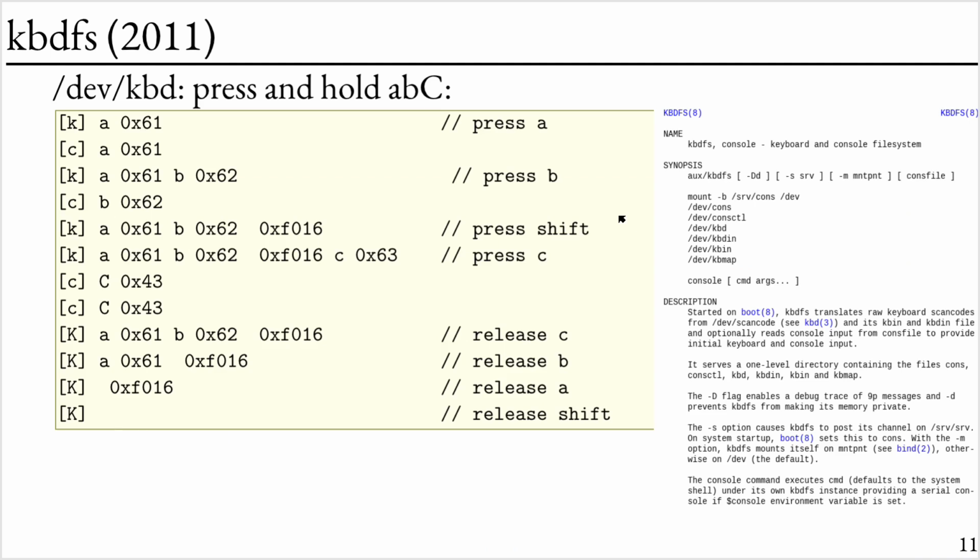Shortly after 9front's inception, KBDFS was released, and it's essentially, to oversimplify to the extreme, a file server which provides this new file, kbd, which translates raw keyboard scan codes and provides these events identified by a character.